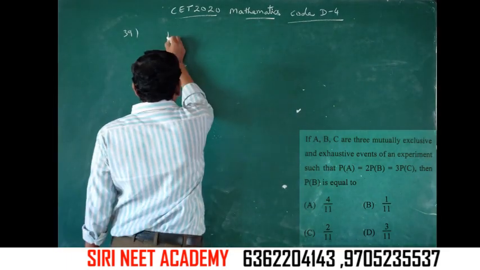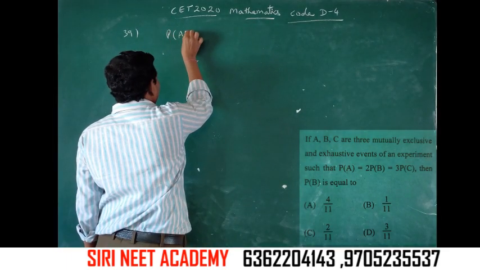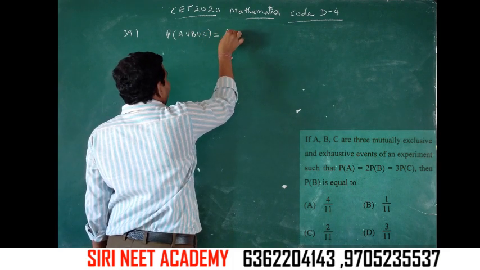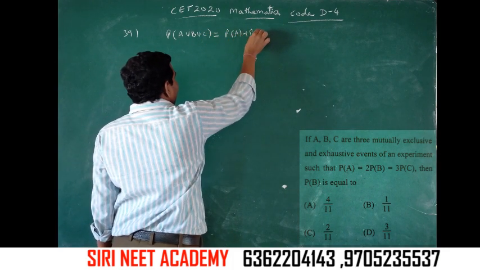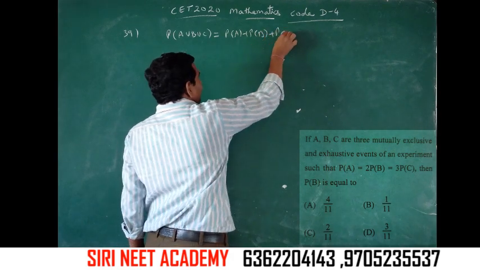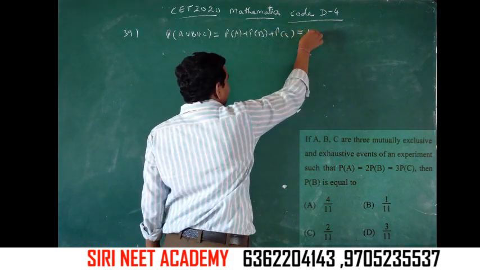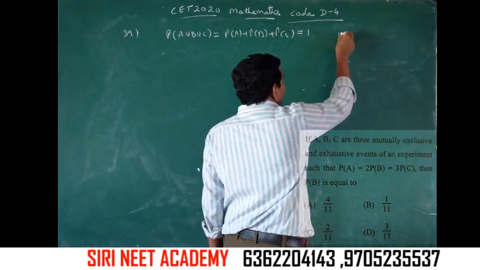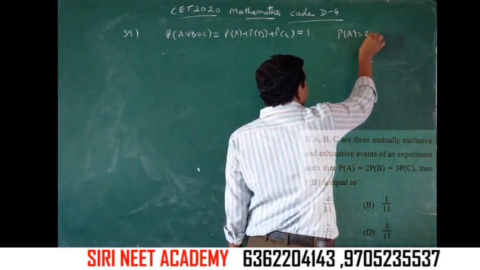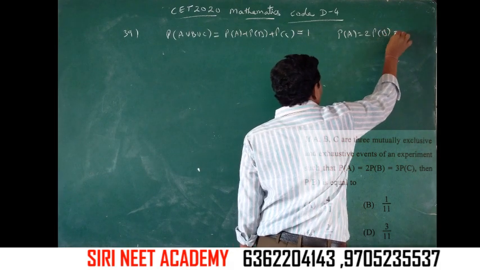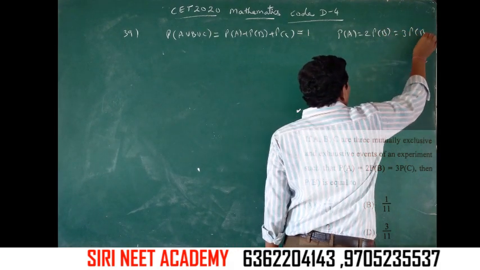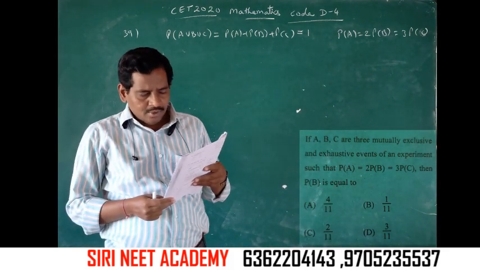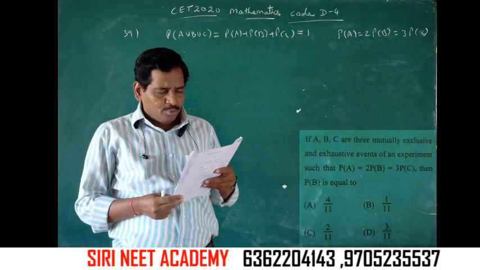When they are mutually exclusive and exhaustive, P of A union B union C is equal to P of A plus P of B plus P of C, that is equal to 1. Given condition: probability of A is equal to 2 into probability of B is equal to 3 into probability of C. We need the value of probability of B.